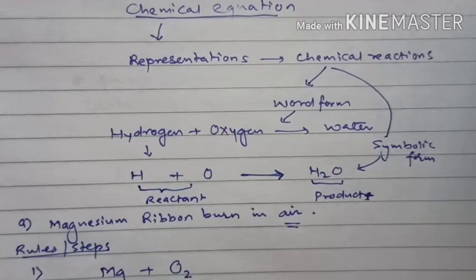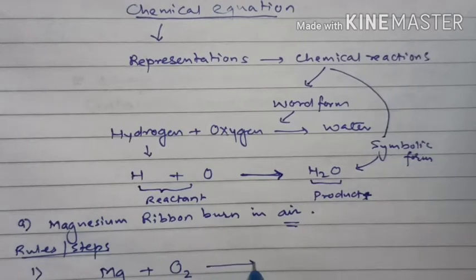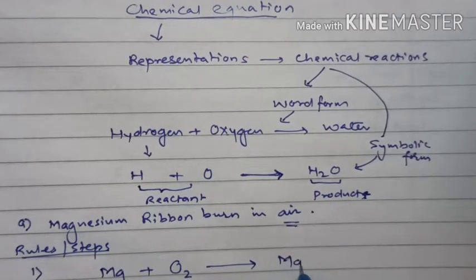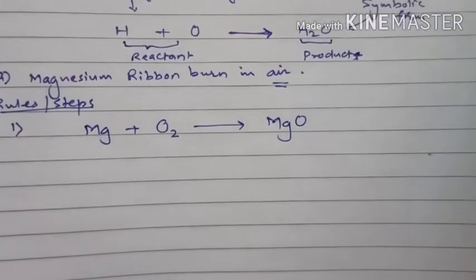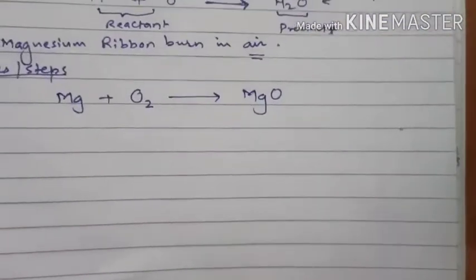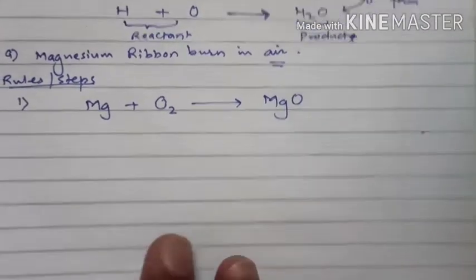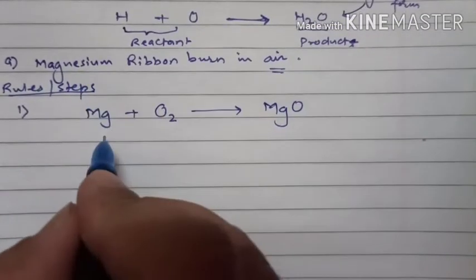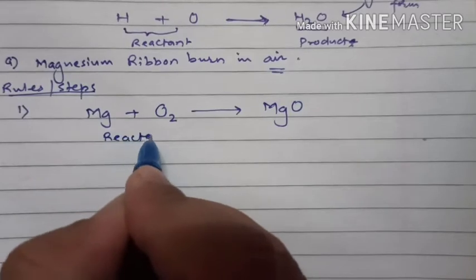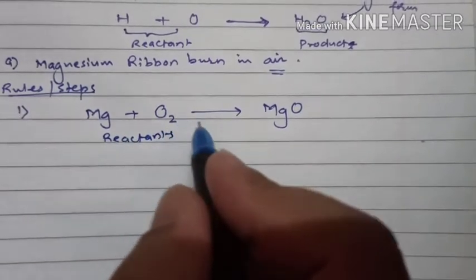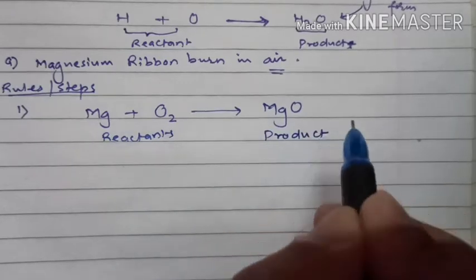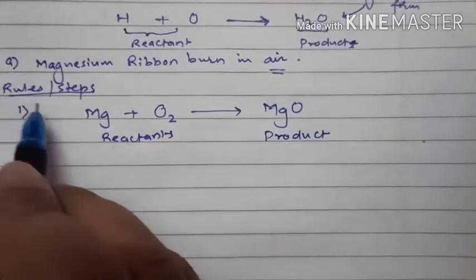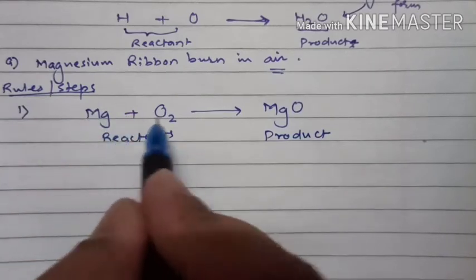The symbol of oxygen is O2, and it gives rise to magnesium oxide, that is MgO. So these are the reactants, and this is the product. So first we have written it in a symbolic form.